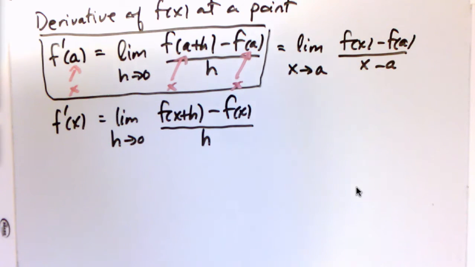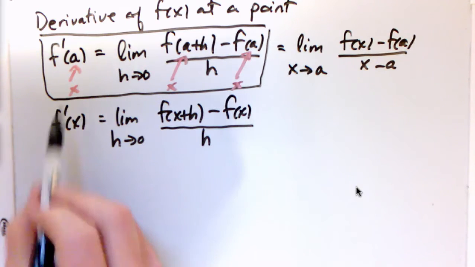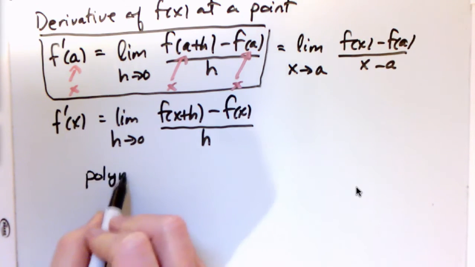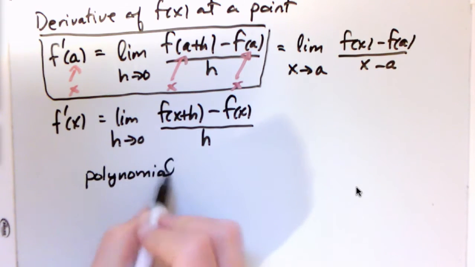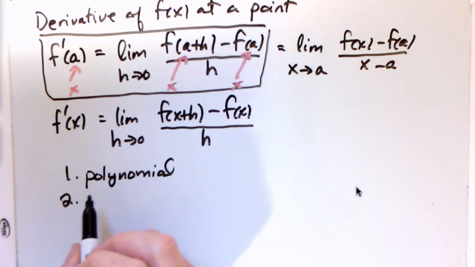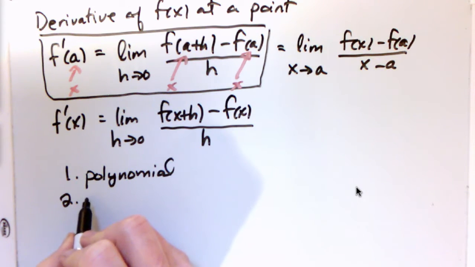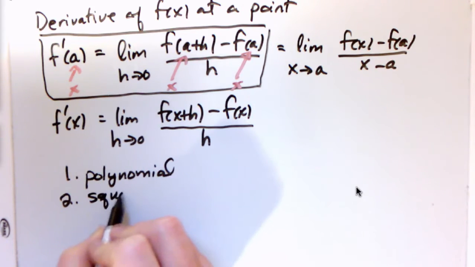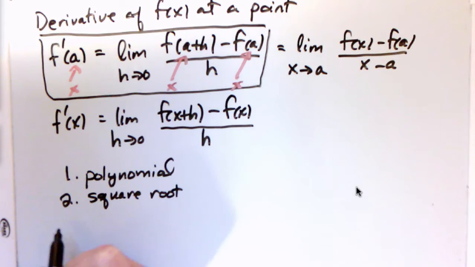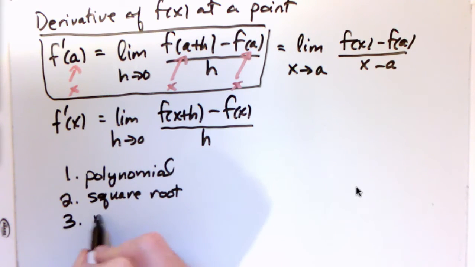All right, let's look at a couple examples of these computations. In particular, we're going to look at 3 examples. We're going to look at finding the derivative from the definition for a simple polynomial, finding the derivative from the definition for a function involving a square root, and finding the derivative from the definition for a simple rational function.